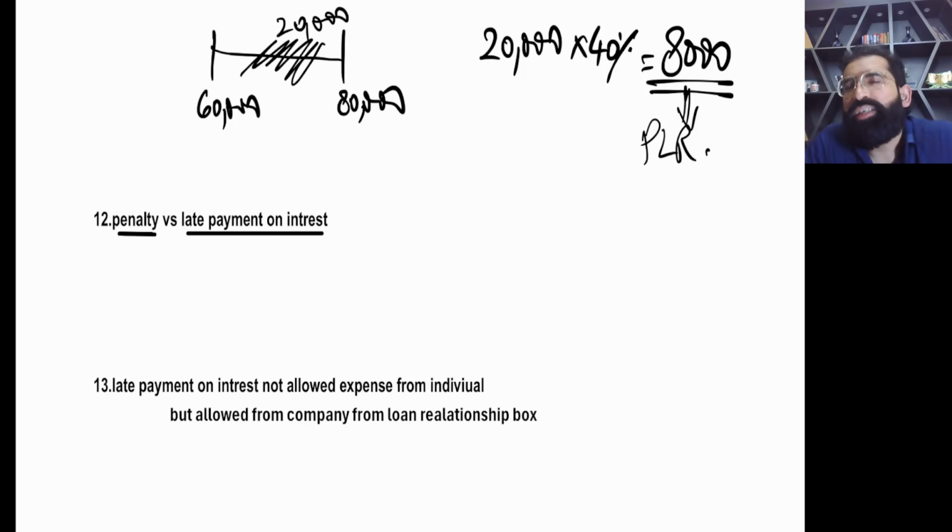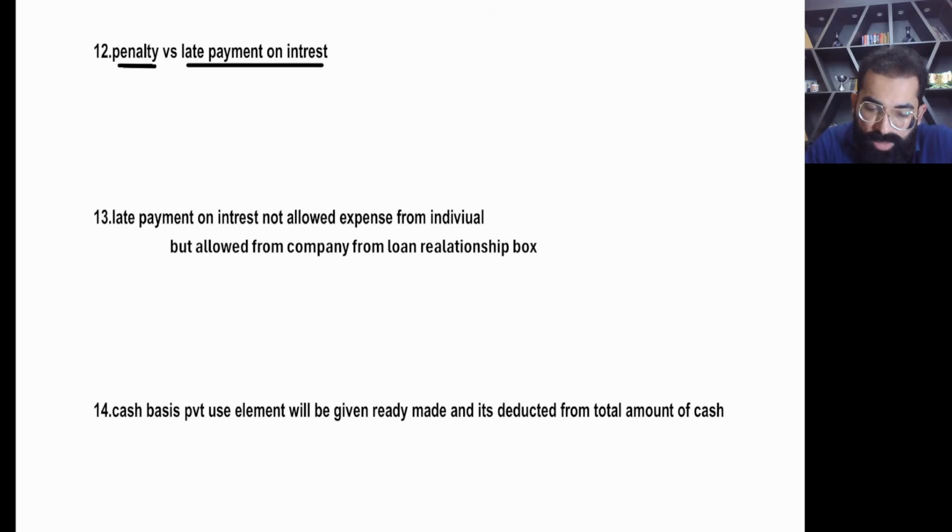So in simple words, if you pay POA late, you will have to pay only late payment interest. But if you pay balancing payment late, then you have to pay the late payment interest as well as penalty.